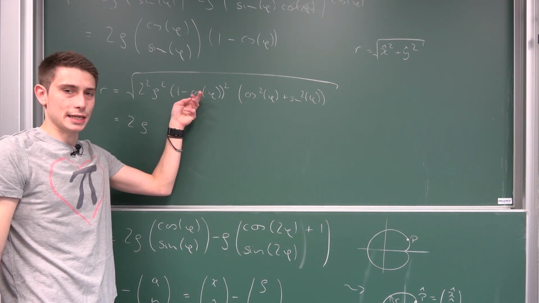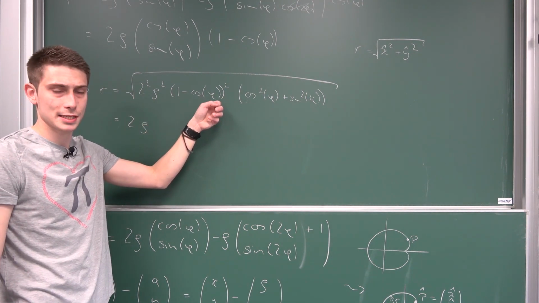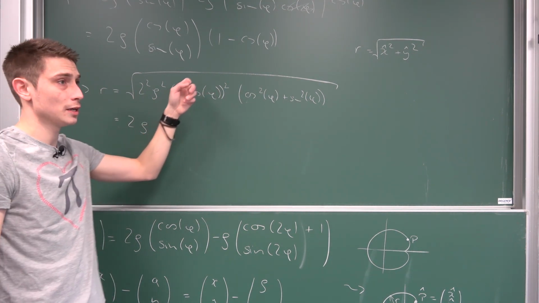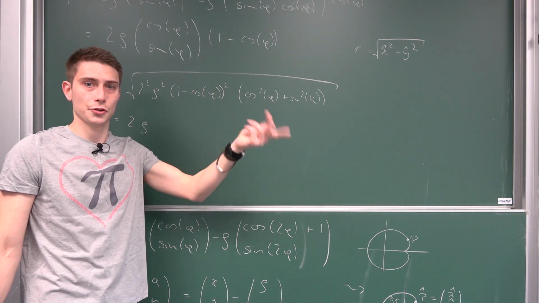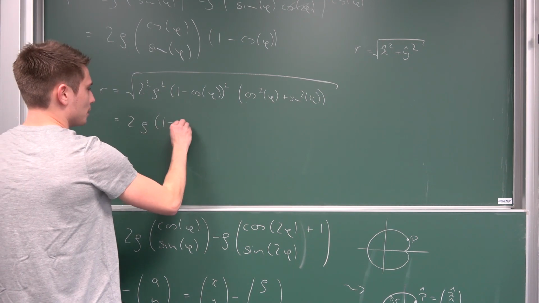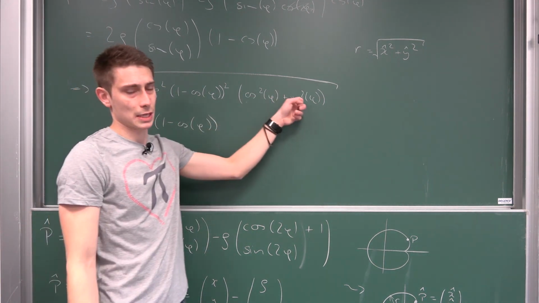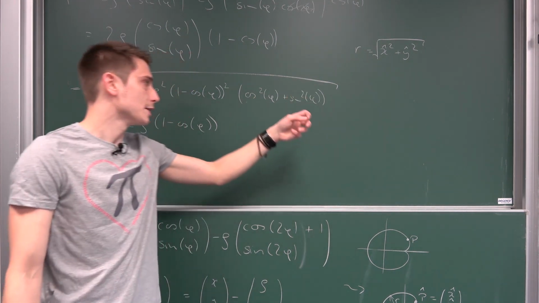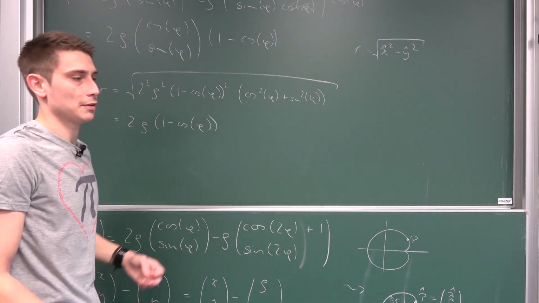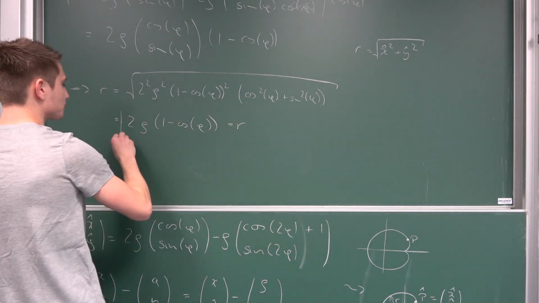Cosine of phi is between -1 and 1, so either way, 1 minus cosine of phi is going to be between 0 and 2 in this case. So that right here is actually positive, so this is 1 minus the cosine of phi. Cosine squared plus sine squared is nothing but 1, so the square root of 1 is nothing but 1. So that right here is our r.